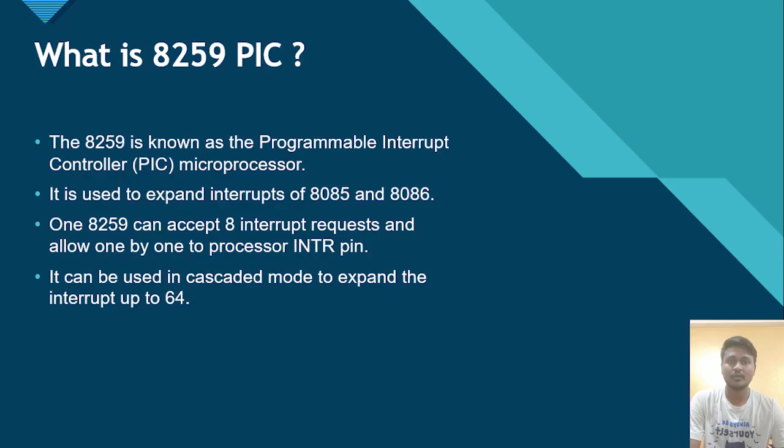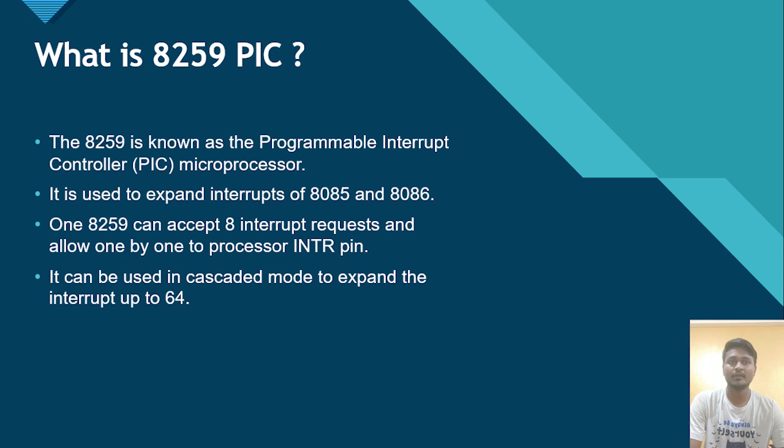Now let's talk about what is an 8259 PIC. The 8259 is known as the Programmable Interrupt Controller microcontroller, and it is used to expand the interrupts of 8085 and 8086. The 8085 can have only 5 hardware interrupts and 8086 has only 2 hardware interrupts.